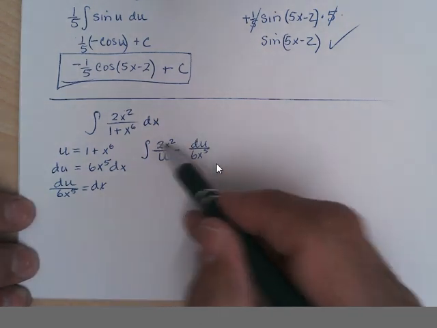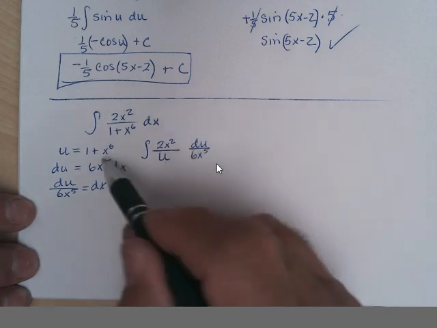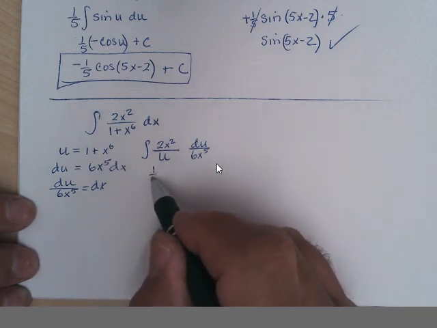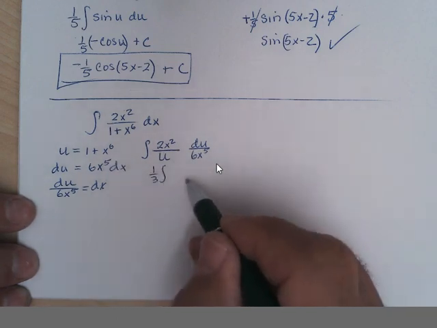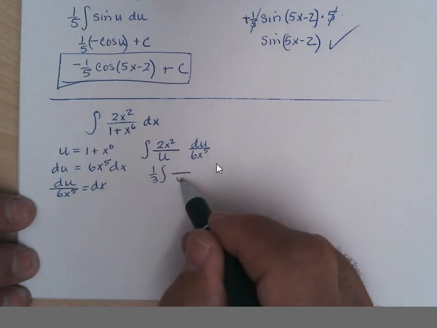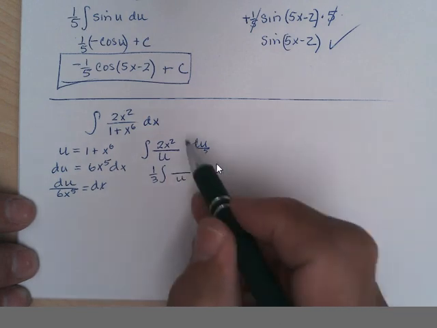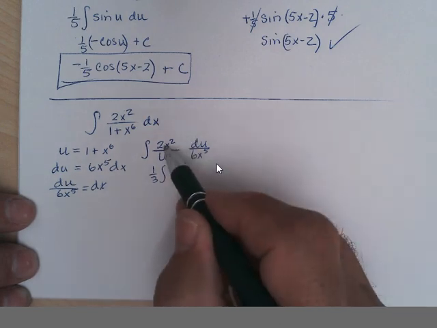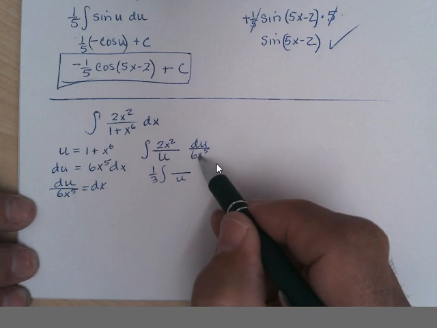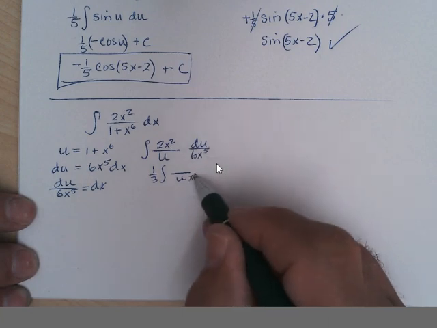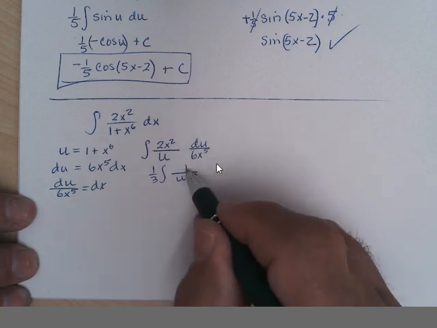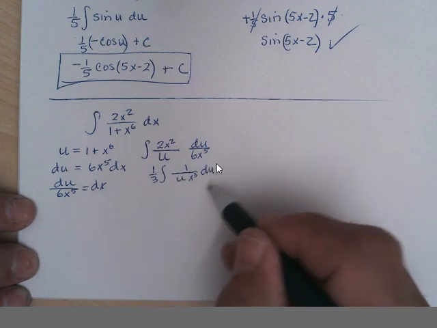Well, the 2 over the 6 isn't a problem. That could be pulled out, 1/3. But I would still have the u in the denominator, the x squared would cancel there, and I'd have x to the 3rd here, and a 1 and a du.